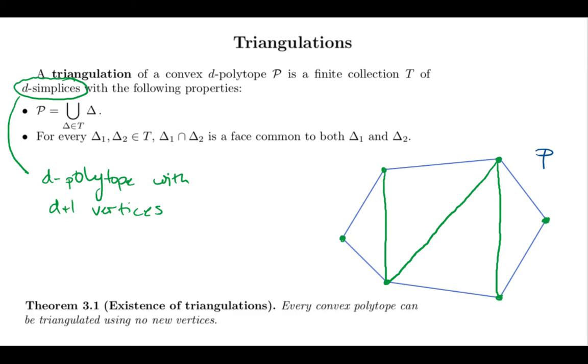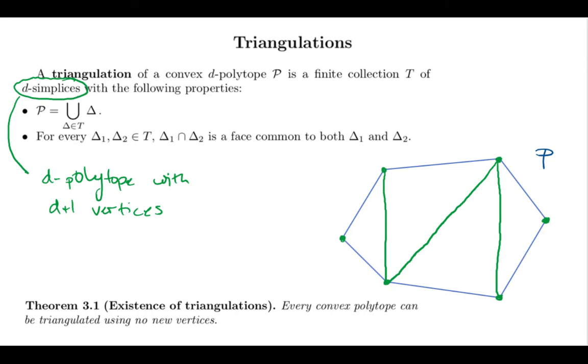And the main theorem that we're after in section 3.1 is that something like this is always possible. Every polytope, any dimension, can be triangulated, and in fact it can be triangulated using only the original vertices, only the vertices of P. This seems to be intuitively clear, but this theorem needs a proof, and what we're doing in section 3.1 is giving you a quite constructive proof.